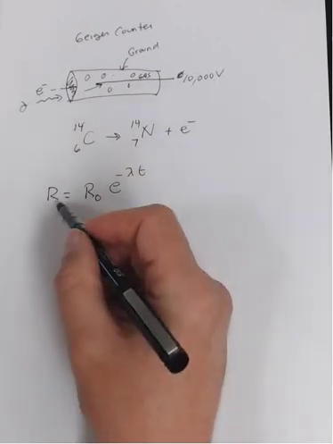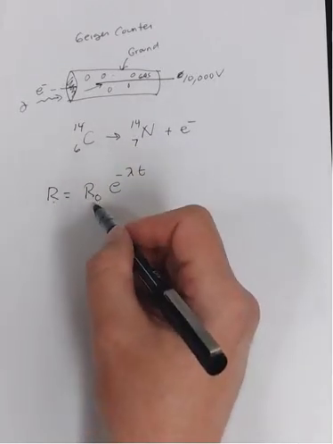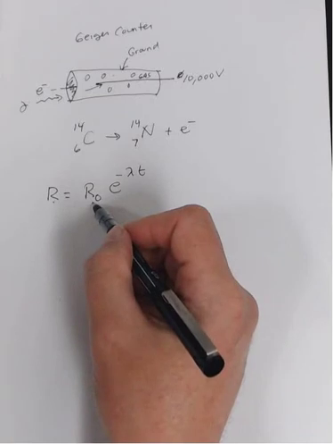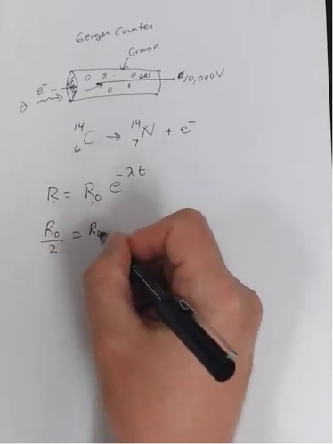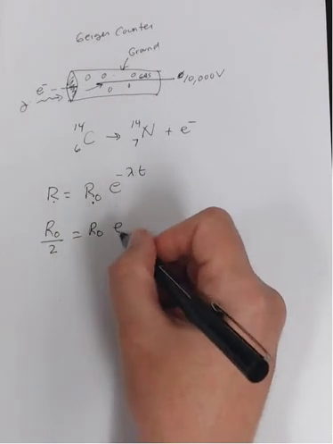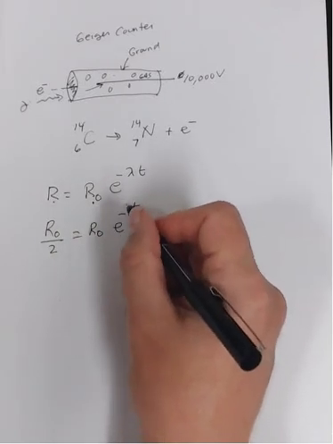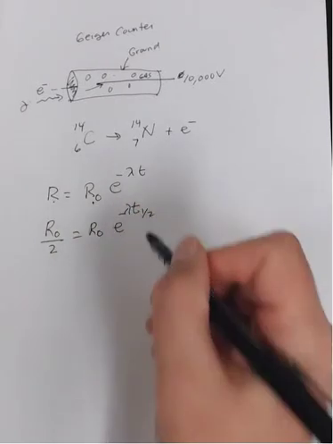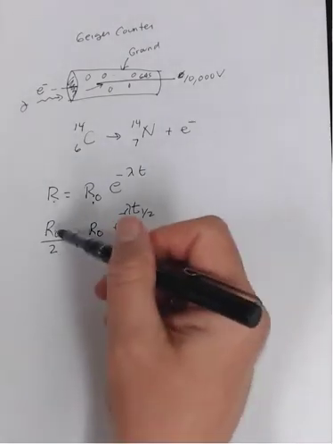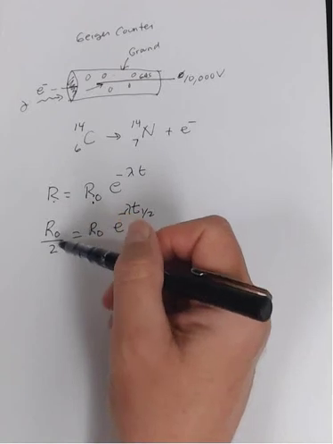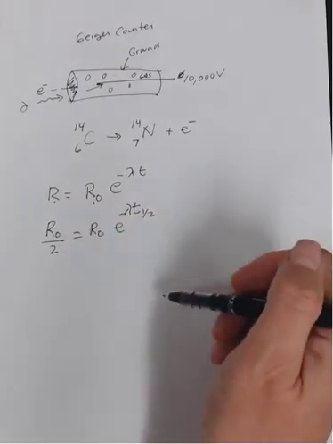When your number of counts per minute goes to half of what you started with, that's when your time is considered to be your half-life time. So it takes that much time for your rates to go down by half.